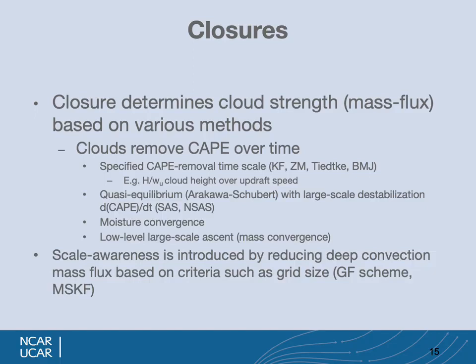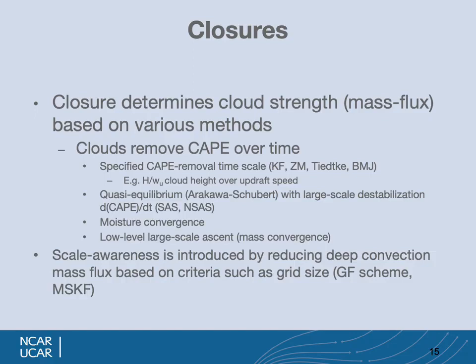Moisture convergence is another kind of closure, and the low-level ascent or mass convergence is another kind of closure. But the most common closures are the CAPE removal timescales. So there you have to then come up with what timescale you want to remove the convective instability over.